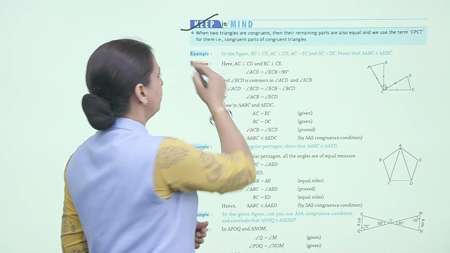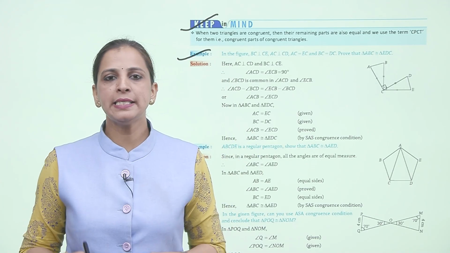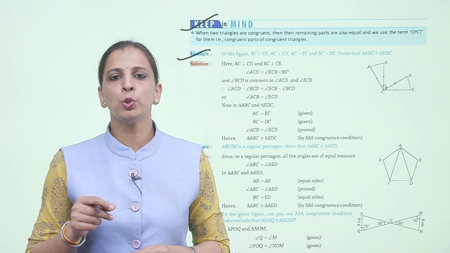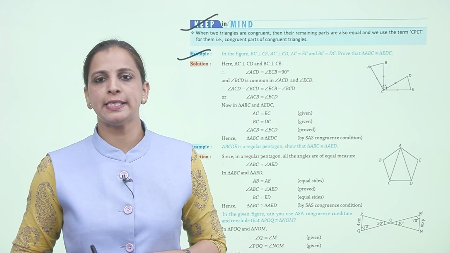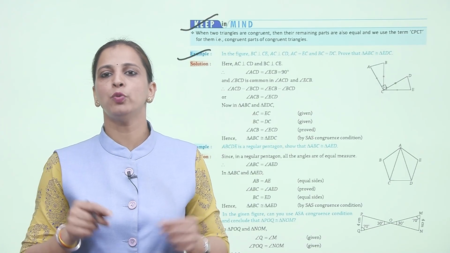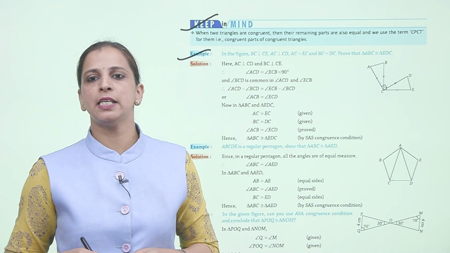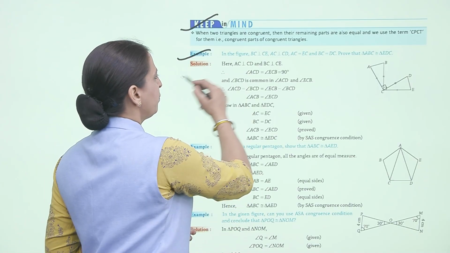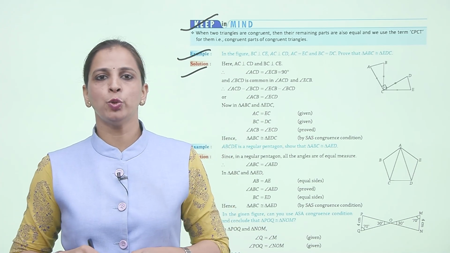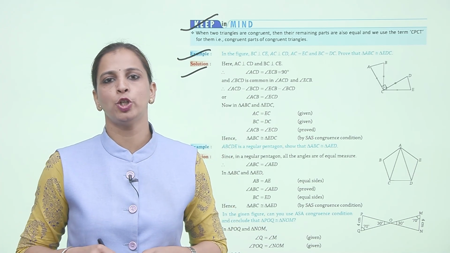Now next example. In the figure BC perpendicular to CE, AC perpendicular to CD, AC is equal to EC and BC is equal to DC, prove that triangle ABC is congruent to triangle EDC. Let's do the solution. Here AC perpendicular to CD and BC perpendicular to CE.